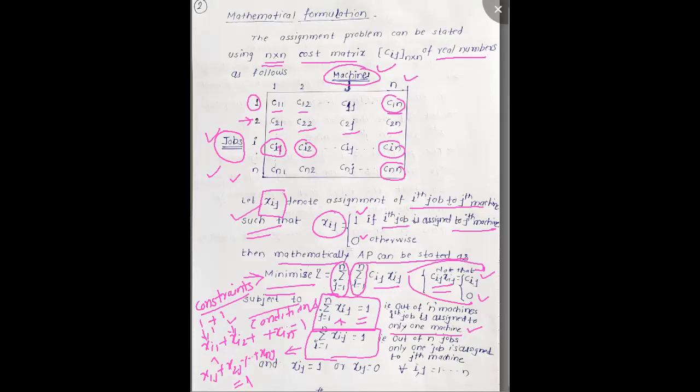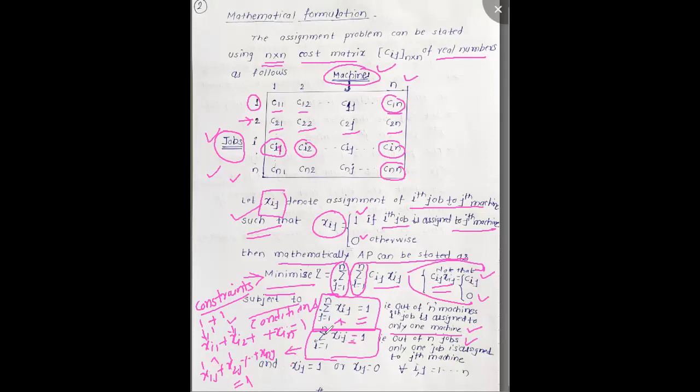It means out of n jobs, only one job is assigned to the jth machine, because if we assign two jobs to the jth machine, in that case two variables will take value 1 and 1 plus 1 will be 2, but we do not want this value on the left hand side greater than 1.